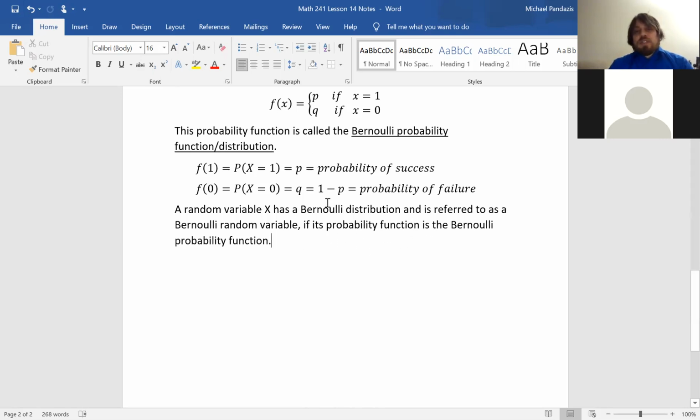So if your probability function is this Bernoulli probability function, then you can say you have a Bernoulli distribution and you have a Bernoulli random variable.